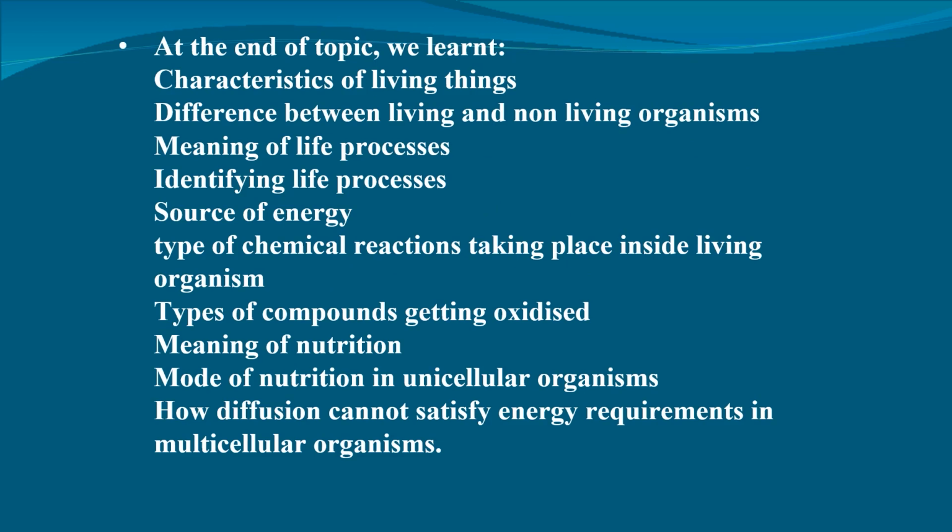We learnt the characteristics of living things, the difference between living and non-living organisms, the meaning of the term life processes, we defined it, identifying life processes, sources of energy, types of chemical reactions taking place inside the living organism, types of compounds getting oxidized, the meaning of the term nutrition and its importance, the mode of nutrition in unicellular organisms like amoeba, and how diffusion cannot satisfy energy requirements in multicellular organisms.